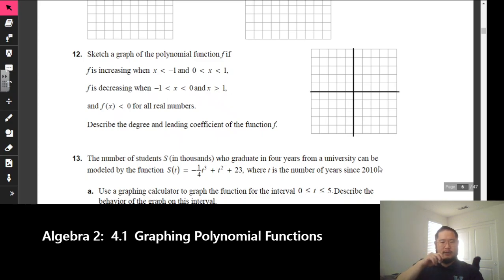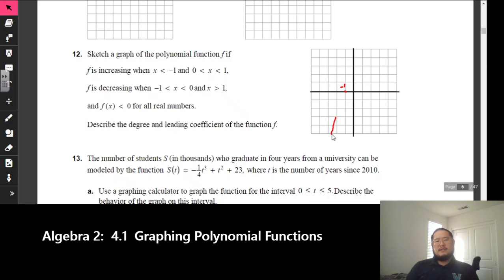So I put a grid down, I have my axis, and it says that the function is increasing when x is less than -1. So here's -1, and I'm going to put that down. My function is supposed to go up. Now, how high up, I don't know yet because it didn't tell me.